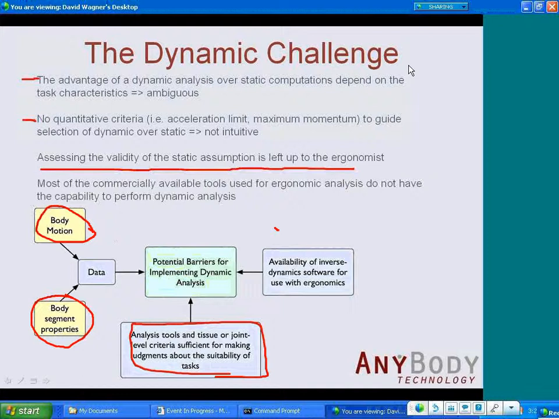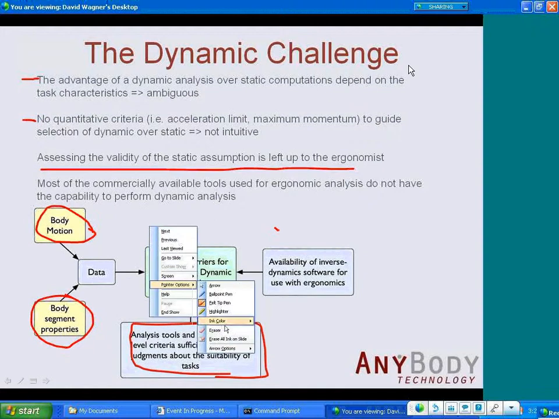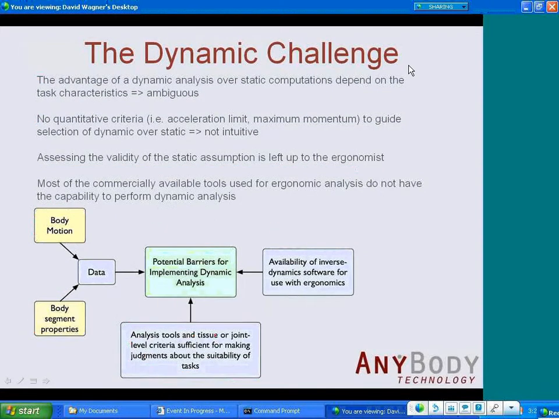And then once I am able to generate some numbers and run things through, what is going to be some joint level criteria that is going to allow me to judge whether this job is safe or not safe? Maybe I'll find that in the literature, or maybe I'll just have to come up with some best guess scenarios.